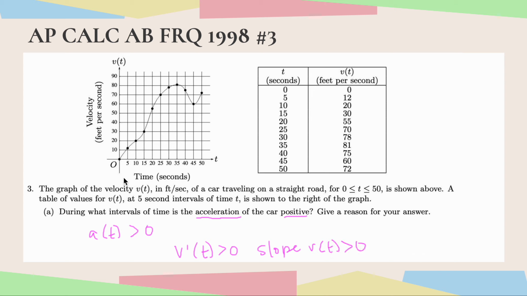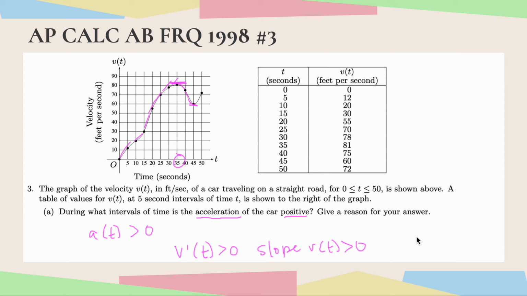So let's go ahead and look back at our graph. When we look at our graph, we already have a pretty good idea, right? So up here, we have this positive slope until we hit 35 seconds where it becomes 0. Then it turns negative down here to 45 seconds, and then it goes positive again.